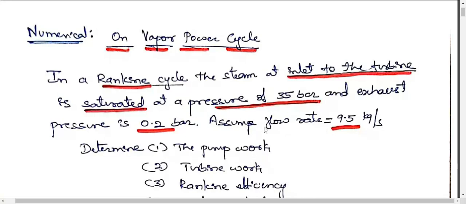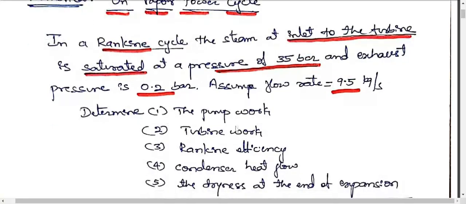Flow rate is nothing but the mass flow rate of steam. Determine the pump work, the turbine work, that is work done by the turbine, the Rankine efficiency, the condenser heat flow, that is heat rejected in the condenser, and last one, the dryness at the end of expansion.